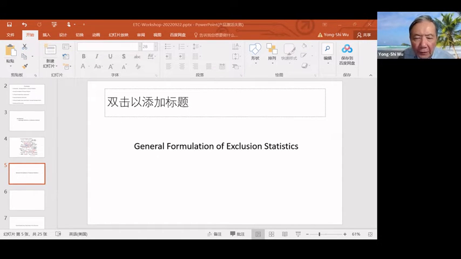I have to emphasize that depending on the system, the meaning of species is a little bit different from the usual, namely particles with different energies or other quantum numbers may be viewed as different species.